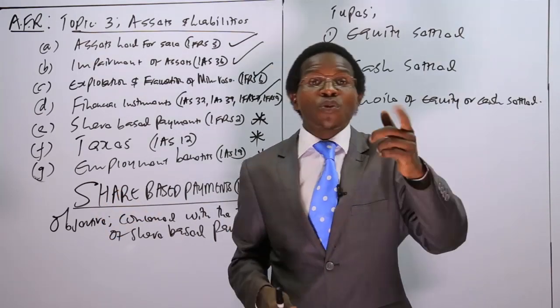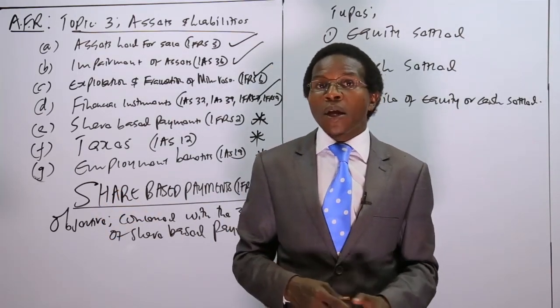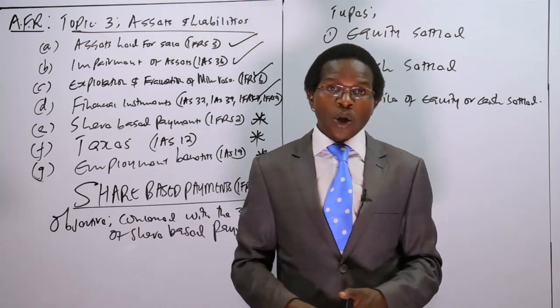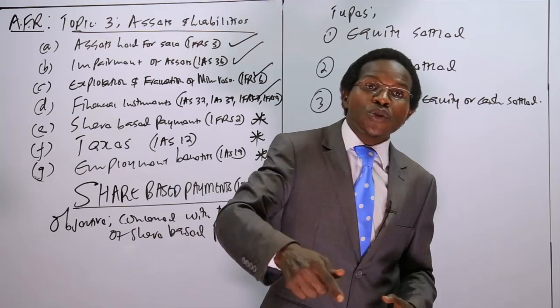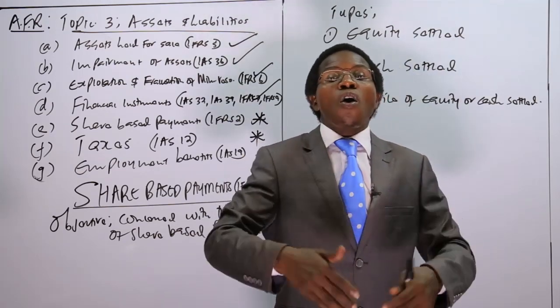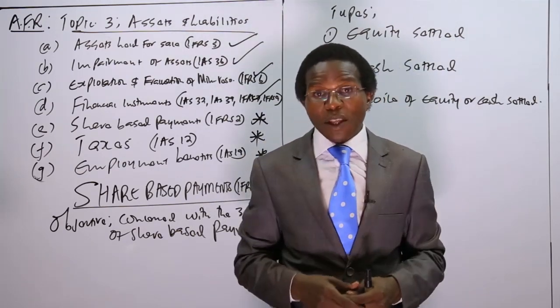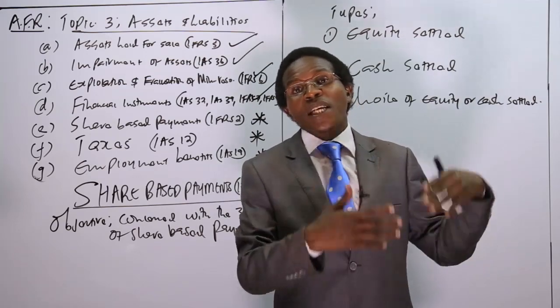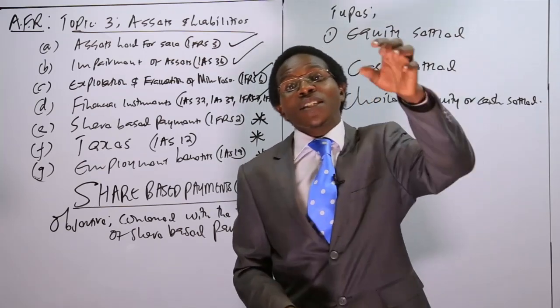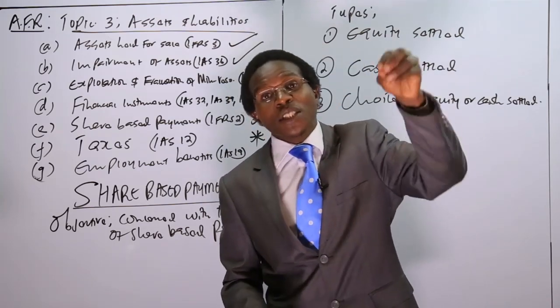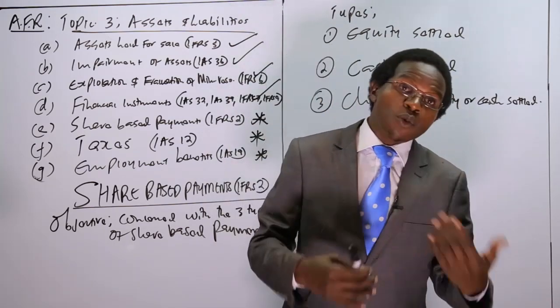On the other side, when we look at cash-settled payments, we'll be revaluing them. We'll always be remeasuring them. We are going to use the fair value at that point in time. We're going to value the goods and services using the market price of the shares at that point in time.